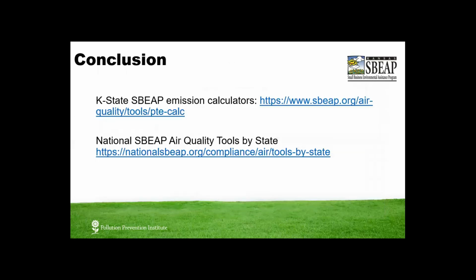As previously mentioned, K-State has several emission calculator tools on its website. The National SBEAP website has links to emission calculators developed by other states that may be useful for evaluating PTE or actual emissions from other processes that K-State SBEAP does not yet have a calculator developed.